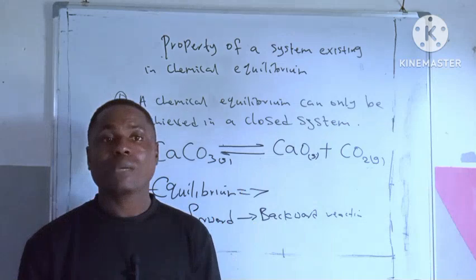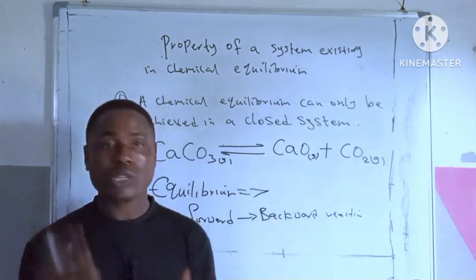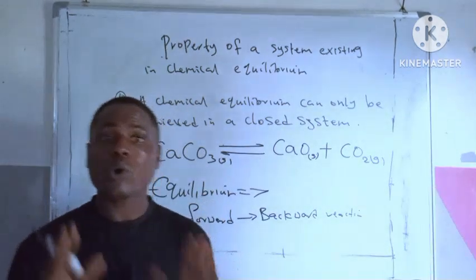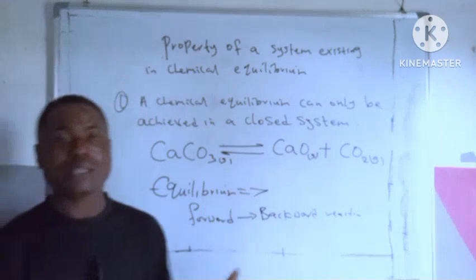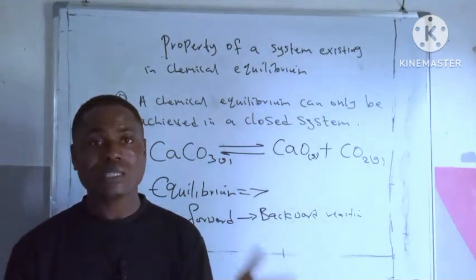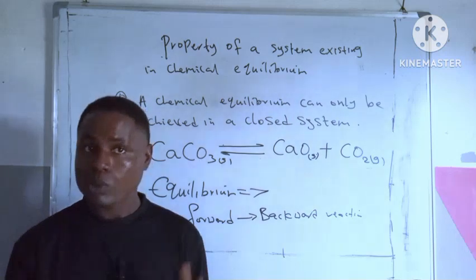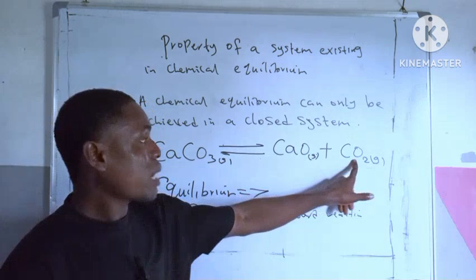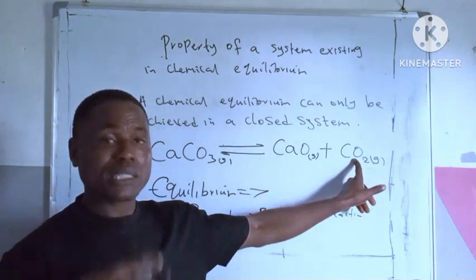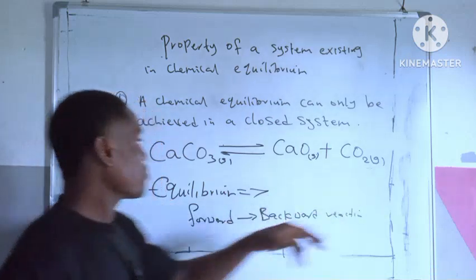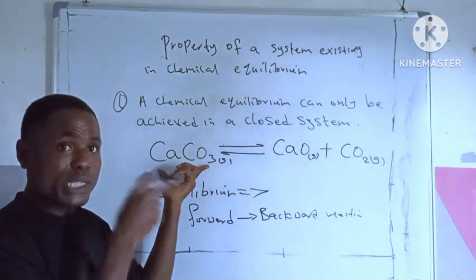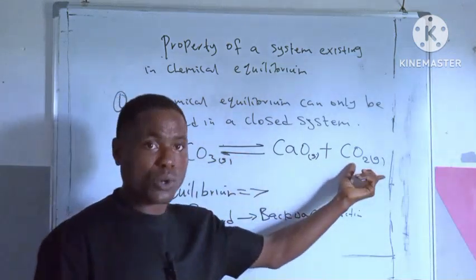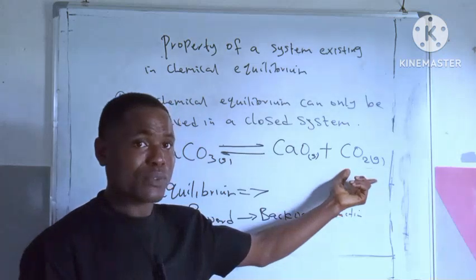For a chemical reaction to attain the equilibrium point or state, all the concentrations on both the reactant side and the product side must be intact. So as far as this carbon(IV) oxide keeps escaping to the environment or to the atmosphere, this compound will keep decomposing to form more carbon(IV) oxide.